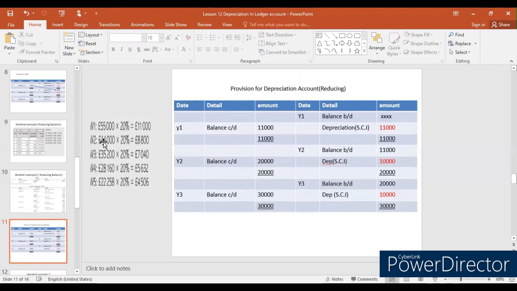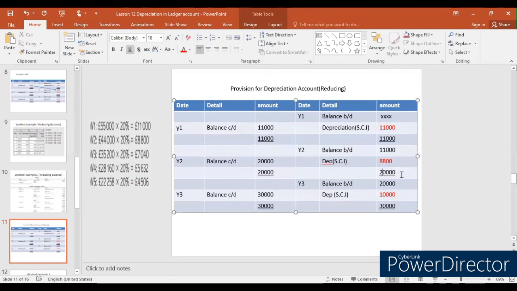Now we go to the second year. Our balance we know 11,000 now, year 2. We brought it from here, year 1. And then our depreciation figure is 8,800, not the 10,000. So we use that same figure, 8,800. So now how do we get this figure? 11,000 plus 8,800 will be 19,800.